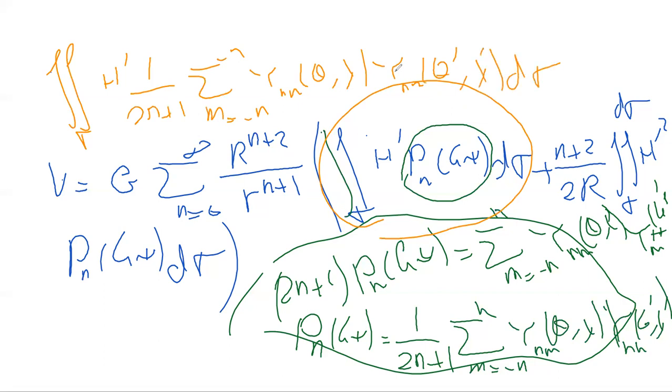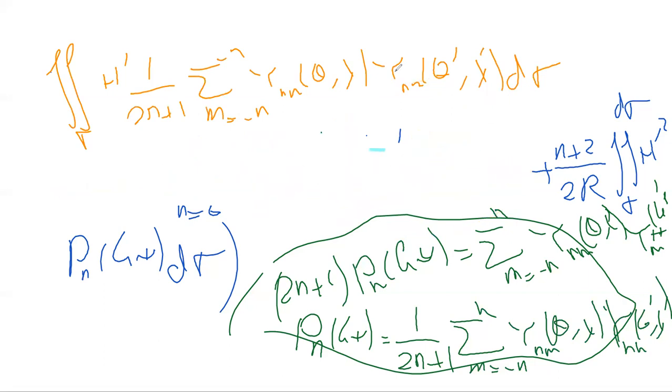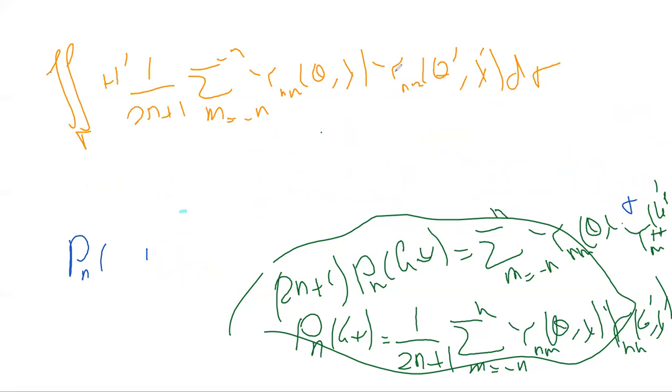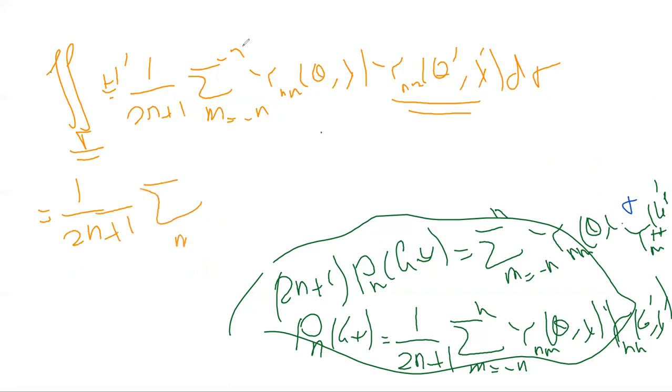This one. So this integral here, this one is here, and this one is here. Therefore, the solution of this integral will be 1 over (2n plus 1) summation m from minus n to n. Another integral comes in.